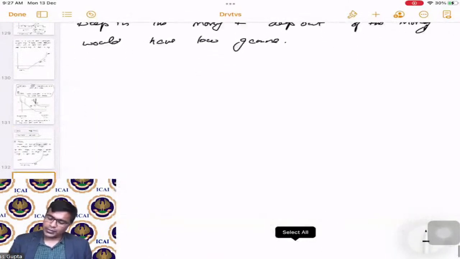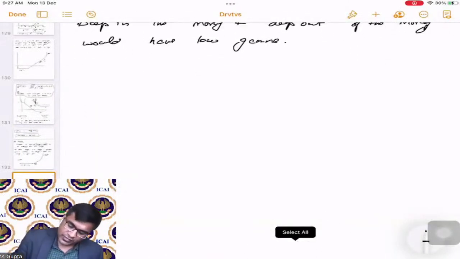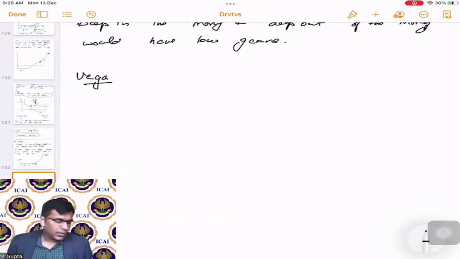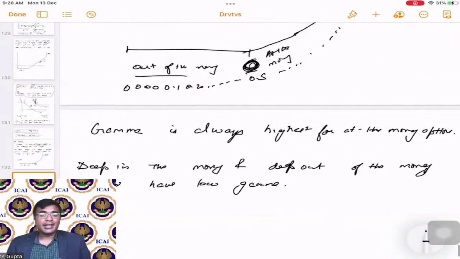Now let us come to the third Greek, which is Vega. Now, what is Vega? Vega is actually, it measures the sensitivity of option. Now, as I told you that there are 4 factors that affect it. One is the spot price. For spot price, delta we have already studied. Second one is the gamma itself, which measures the rate of change in the delta itself.